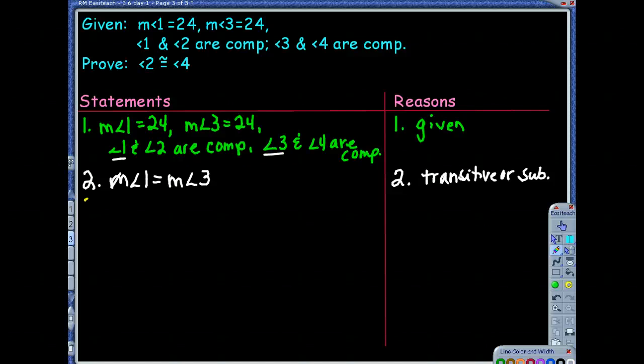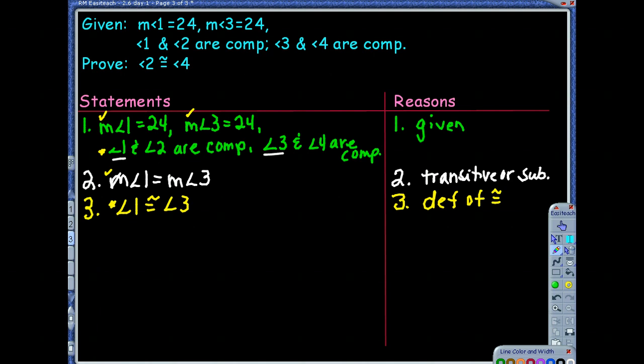So, and to use the congruent complements or congruent supplements theorem, if they don't have a same angle in common, we have to have that they're congruent, not equal. So we do need to restate that. All right, what's the reason for saying they're congruent? That's the definition of congruence. So we've used, let's backtrack, we've used this part of the given. We've used this. Now we have this, and we have that to work with.